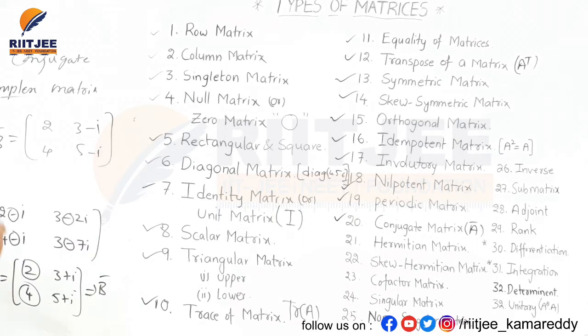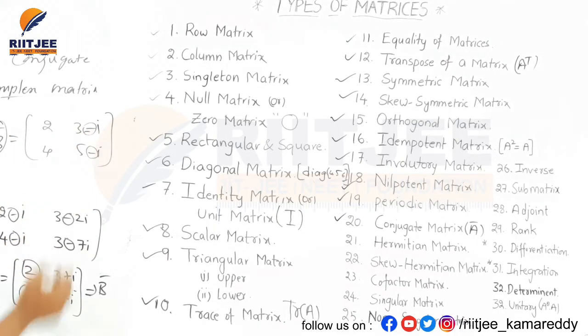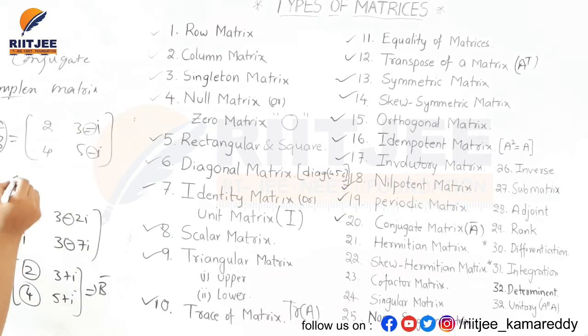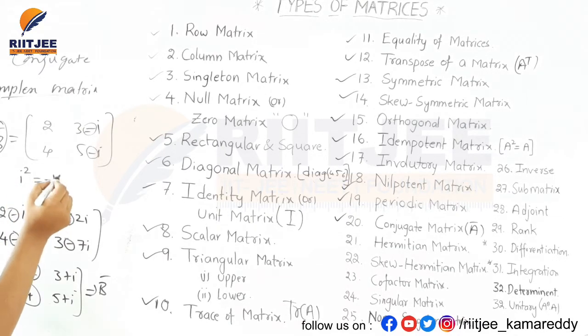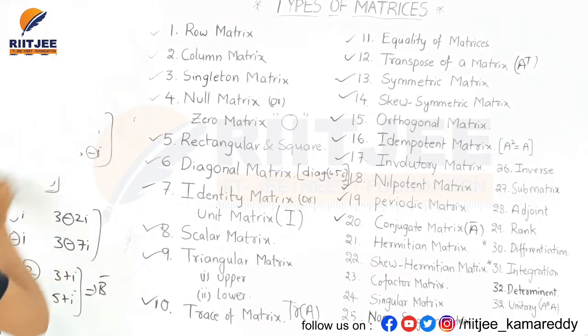That is the answer for the conjugate of matrix B. Here I am interchanging the signs of the imaginary part only, where i squared is equal to minus 1. This is the formula: i squared is nothing but minus 1. This is all about the conjugate matrix.